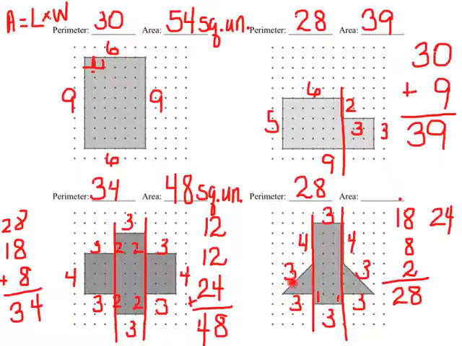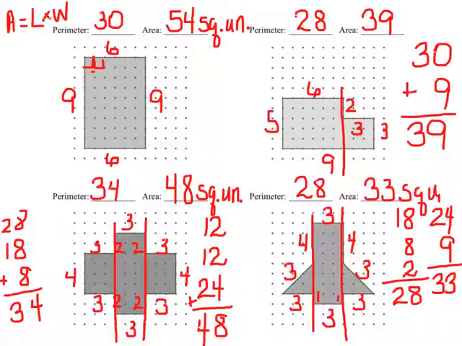And if I had a triangle there and this triangle, I would have a perfect square. And in that case, the width would be 3 and the length would be 3. And 3 times 3 is 9. And so if I put that together, I would get 33. So the area of this shape would be 33 square units.